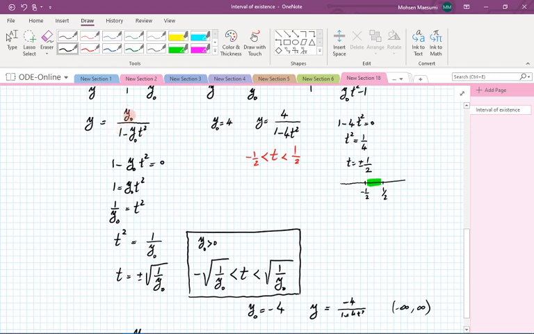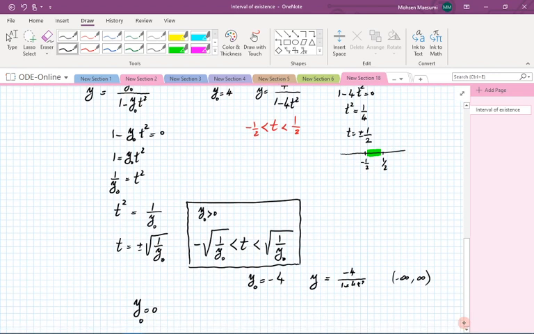If y0 is 0, it doesn't matter what you got here. The answer is always 0. So if y0 is 0, our answer is for all times it is 0, and there is no issue with having an answer 0. The domain is from minus infinity to infinity.